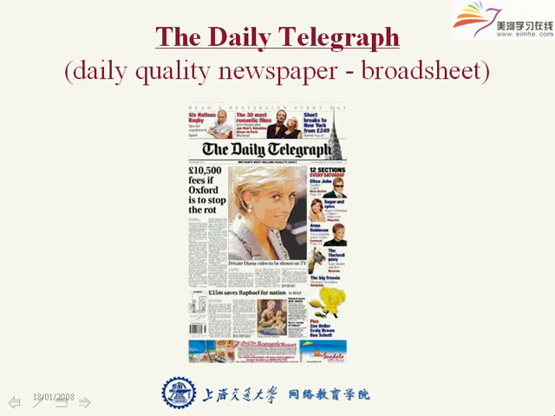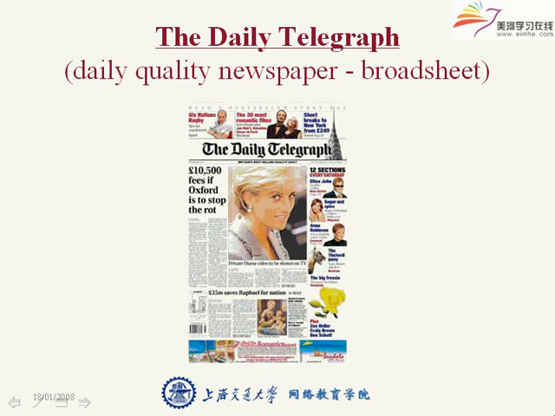Another thing is, you see the Daily Telegraph's title is written in black. In the popular newspapers, the title is written in red, and they are also called red tops. So here you can tell from the first look, okay, this is a quality newspaper. And the word broadsheet, big newspaper, already tells you it's a quality newspaper.